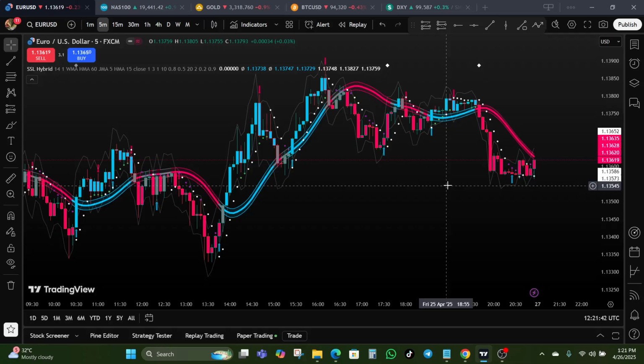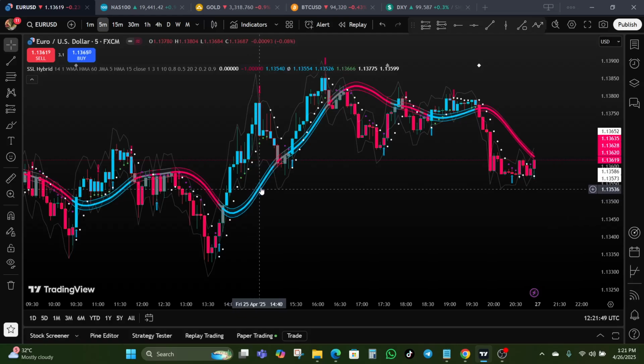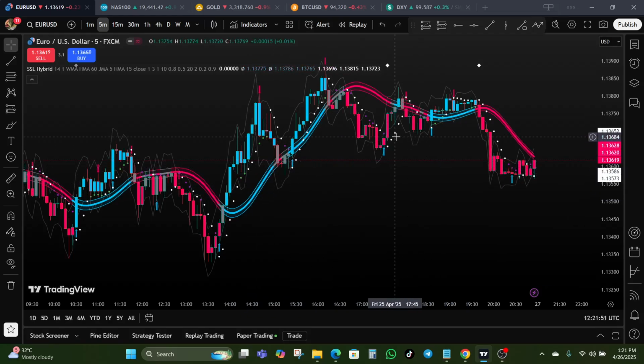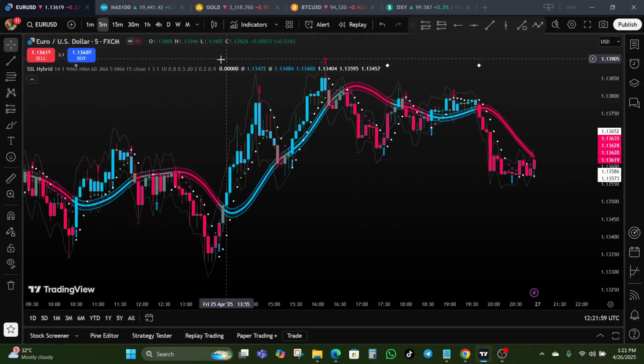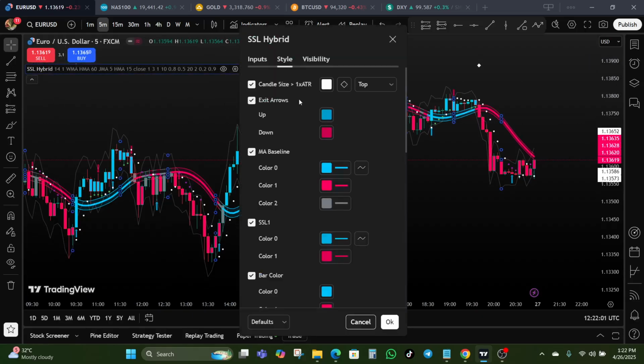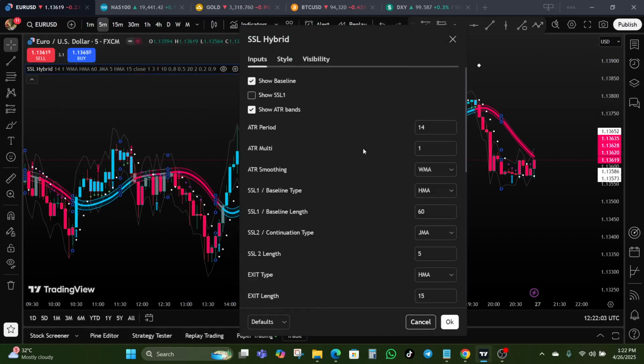At its core, it's based on moving averages that change color based on bullish or bearish momentum. But what makes it special is the hybrid system. Let's quickly go to the settings for this indicator, and you can see the input.